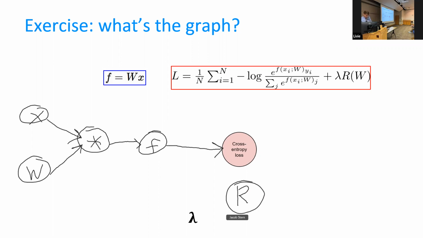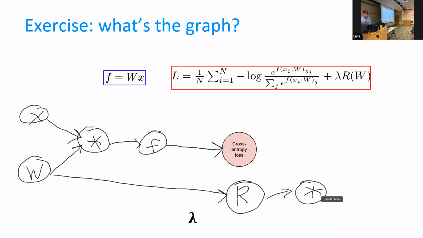And W feeds into R instead. And then R is multiplied by lambda. And are we done? Need to do addition.